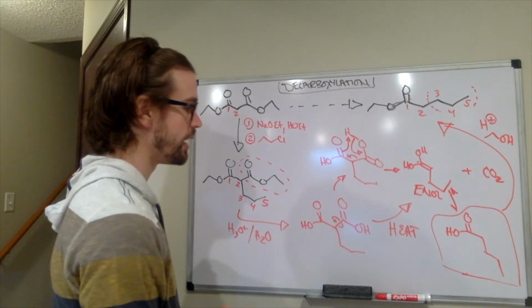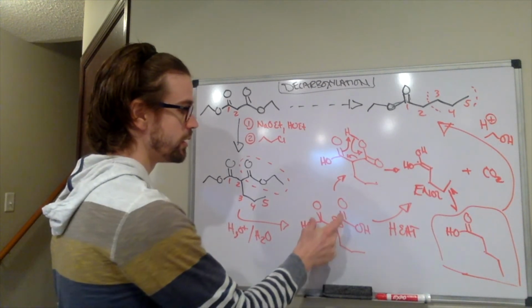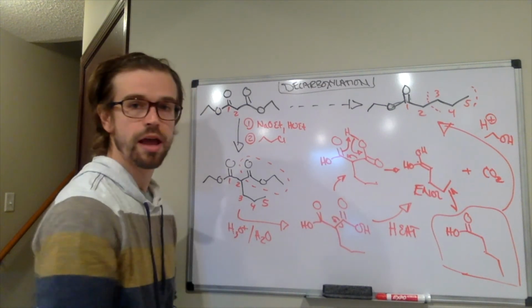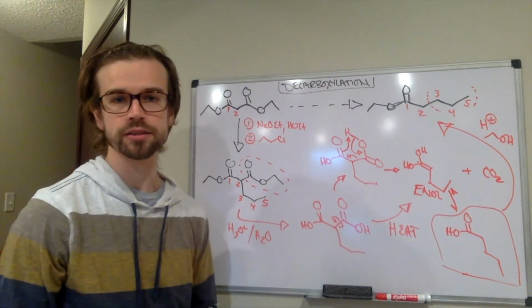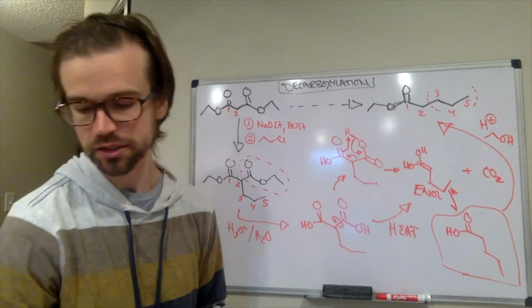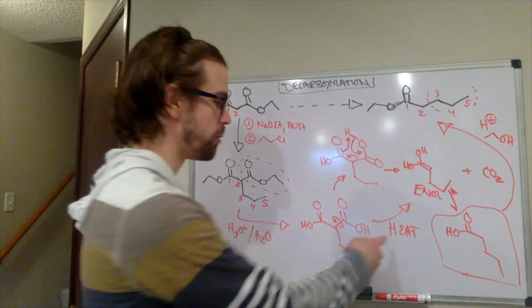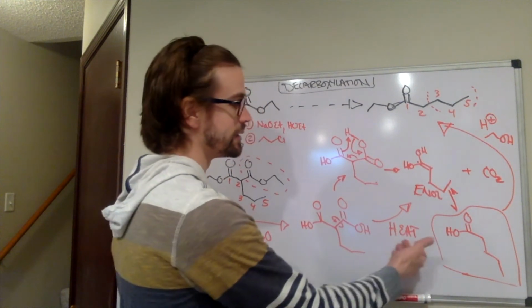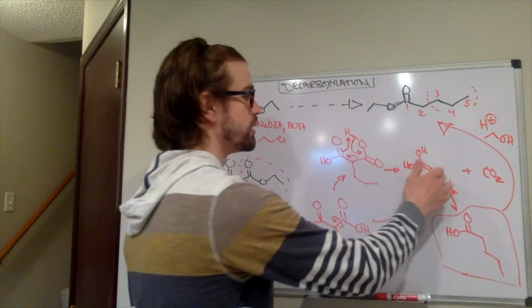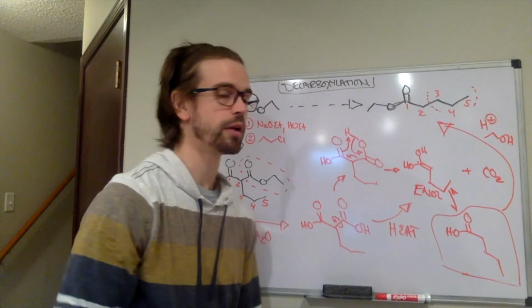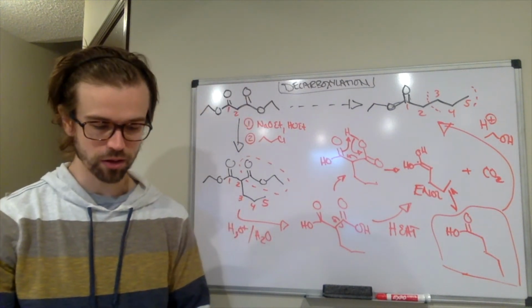And anytime we have a 1,3 dicarbonyl and one of them can be turned into a carboxylic acid, that decarboxylation is possible. Other important point again, the heat was necessary because entropy favors the products because there are two products, CO2 and the decarboxylated molecule.